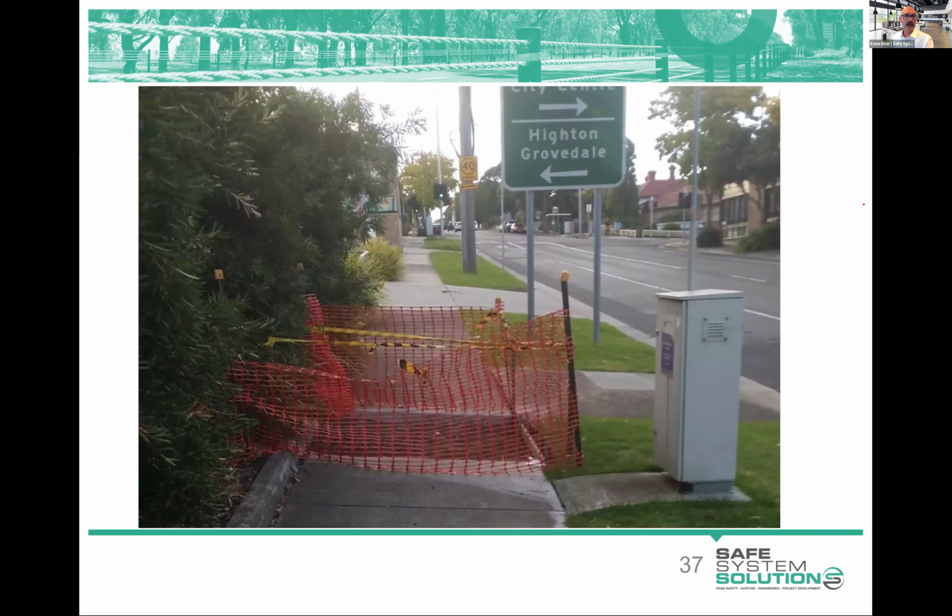And I only put this in to say that we've got to think about all road users. We think about pedestrians, cyclists, motorcyclists, vehicles. We think about people in wheelchairs, mobility scooters, and the like.